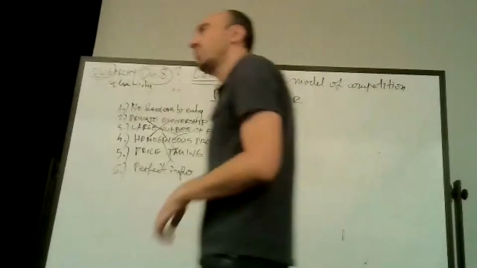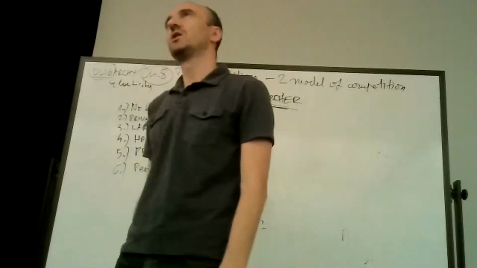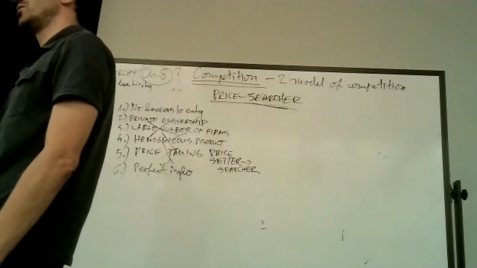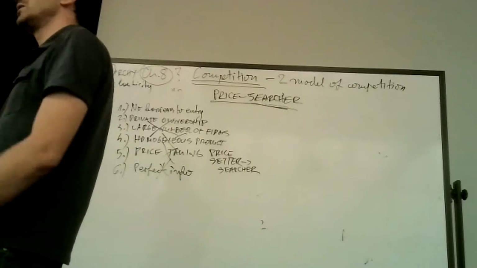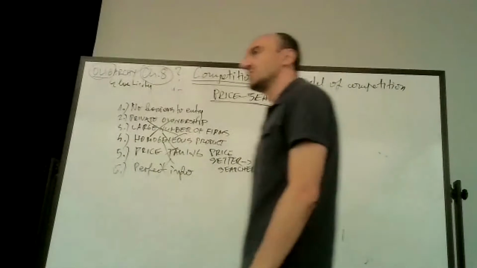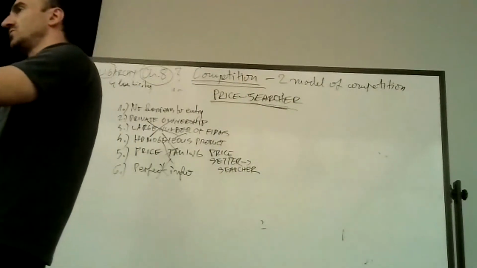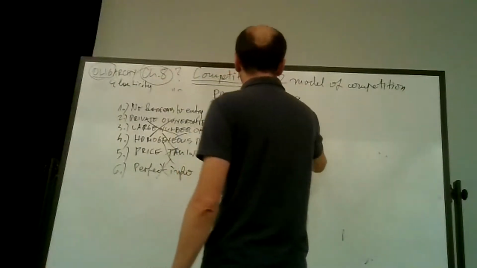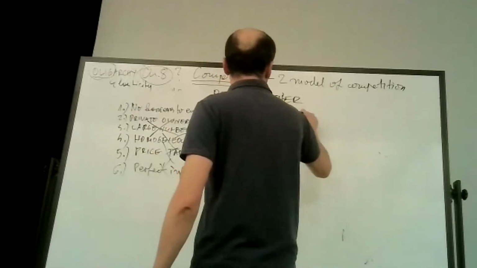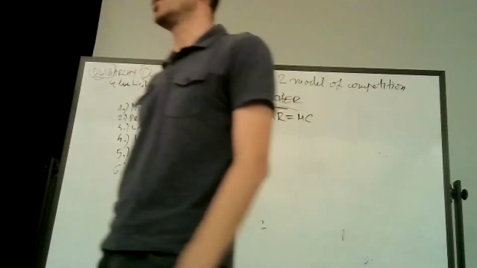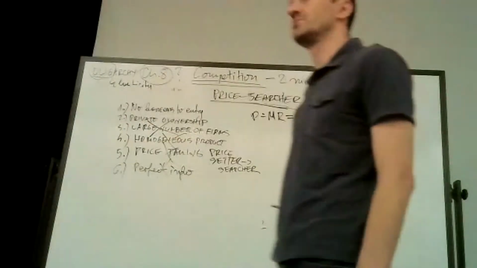So you remember that in the perfectly competitive system, the price will equal marginal revenue. The price that you can charge on the market will correspond to marginal revenue. Marginal revenue is the revenue that you acquire by selling one additional unit, and it equals price and equals marginal cost in equilibrium. Remember the model of perfect competition.